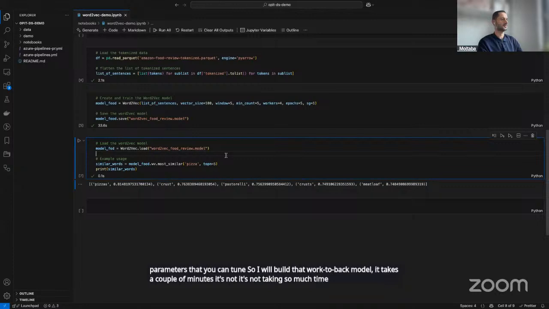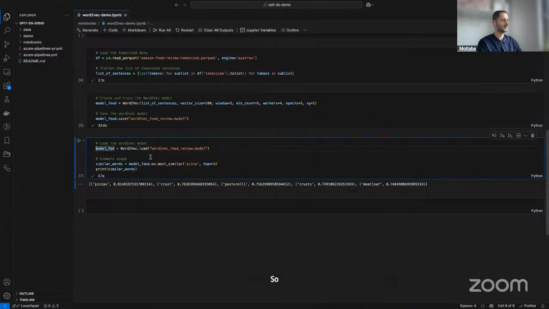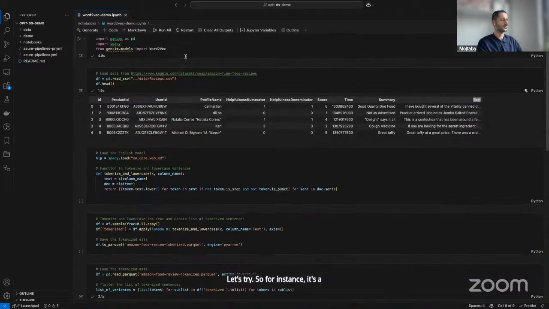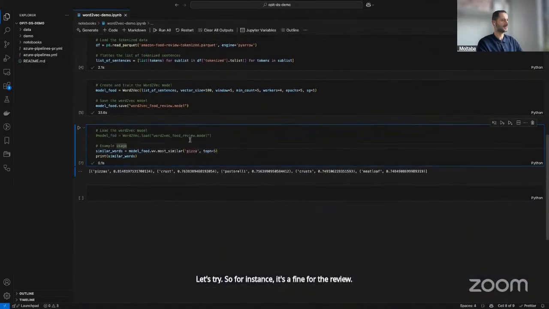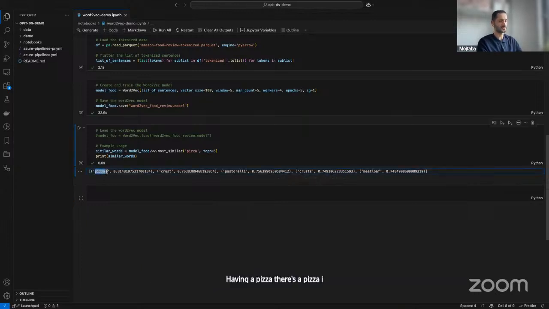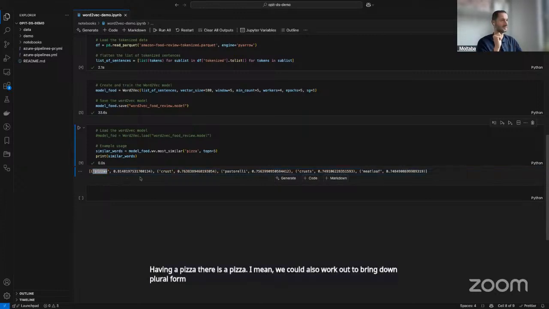Then I will start to play around with that. So I load it. Maybe I don't need to load it anymore. Let's try. For instance, it's the Amazon Fine Food Reviews, right? I will start with pizza. What's constructed from this text with Word2Vec is that I try to understand what other words are semantically related to pizza. Obviously there is pizza; we could also bring plural forms down into singular form as well.